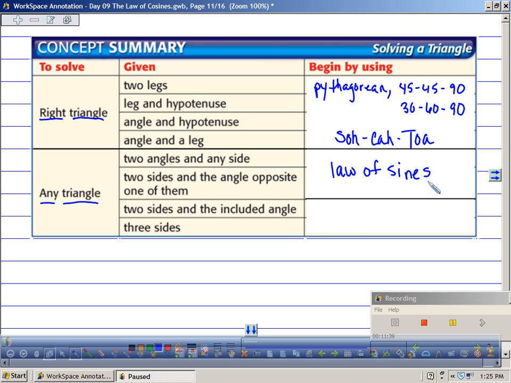But I think we've learned today that sometimes you can't use the law of sines because you don't know the opposite. So the last case scenario is the law of cosines.